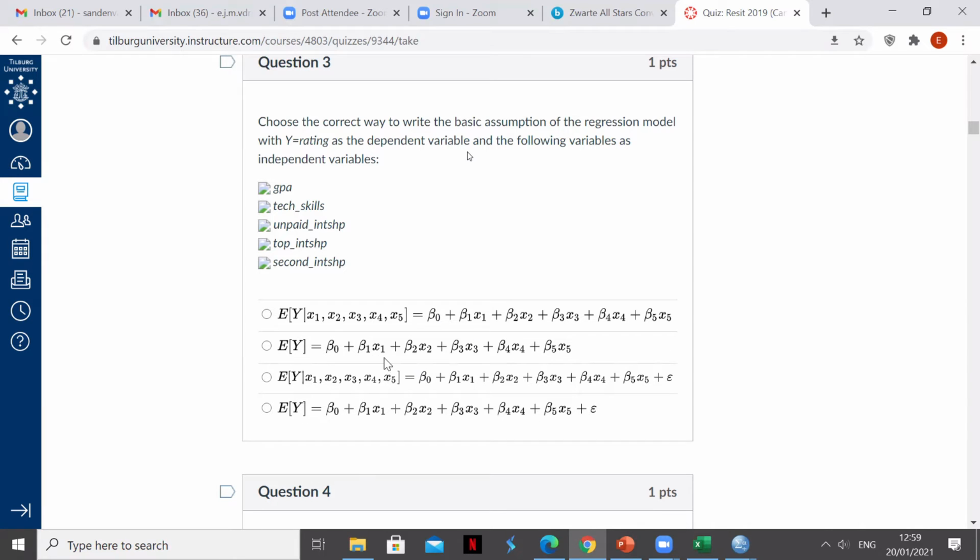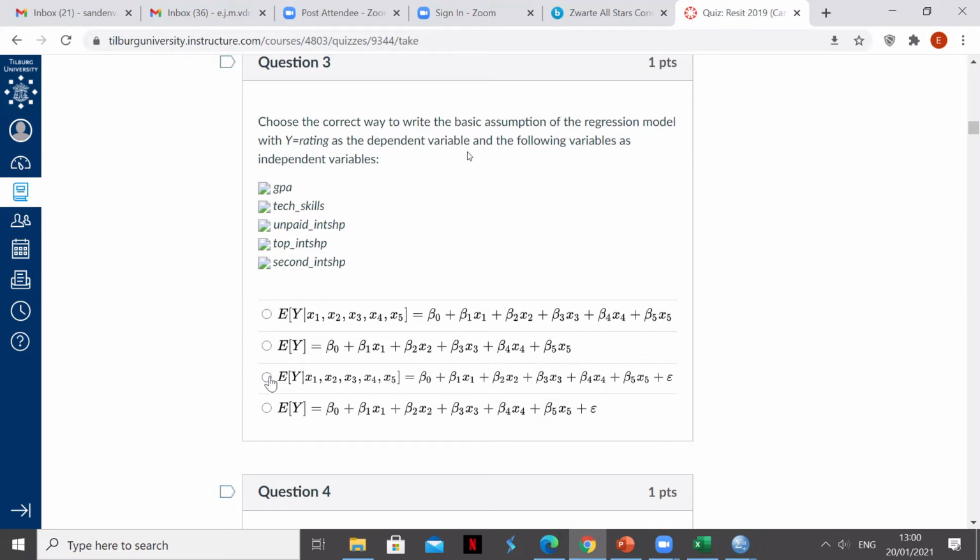Yeah, they do. Do they all include the five variables? Yes, they do as well. So they don't differ on that. What do they differ on? They differ on the given x's, and they differ on the error terms.